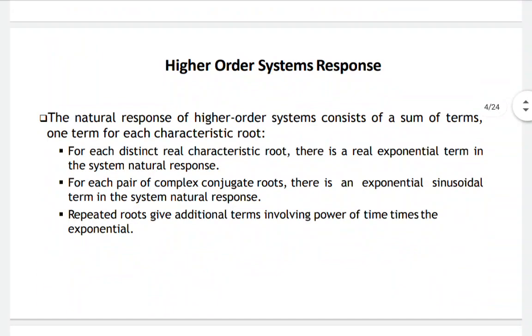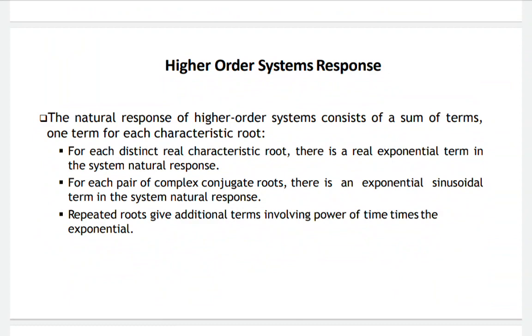Now, for higher order systems, the natural response consists of a sum of terms, one term for each characteristic root. Number one, for each distinct real characteristic root, there is a real exponential term in the system natural response. Number two, for each pair of complex conjugate roots, there is an exponential sinusoidal term.